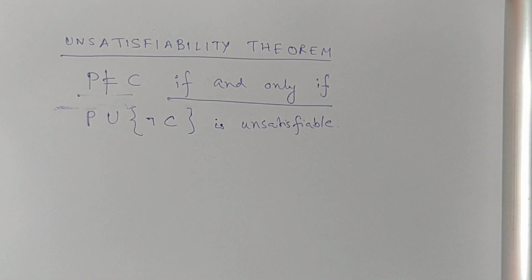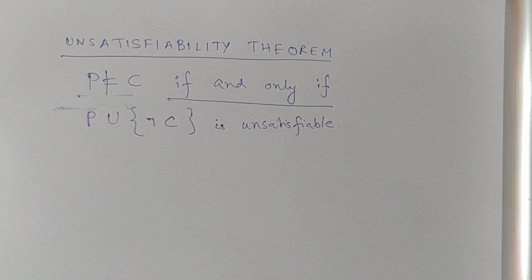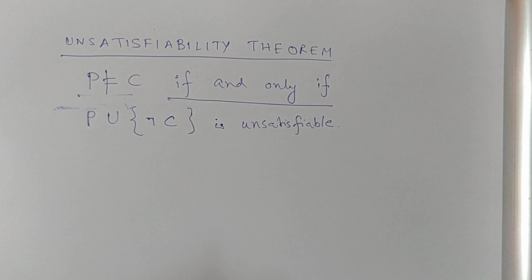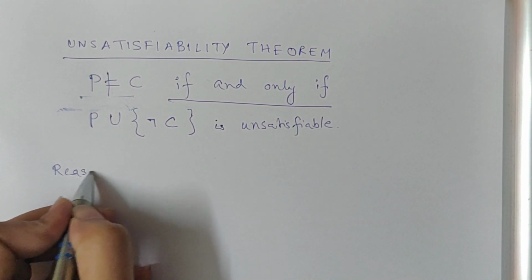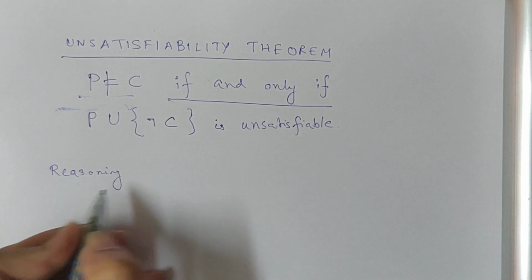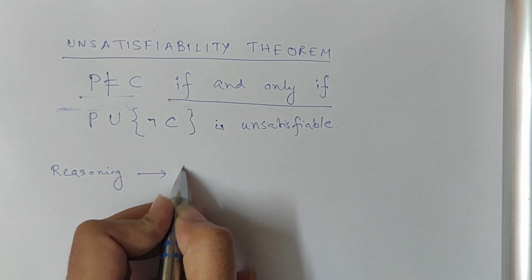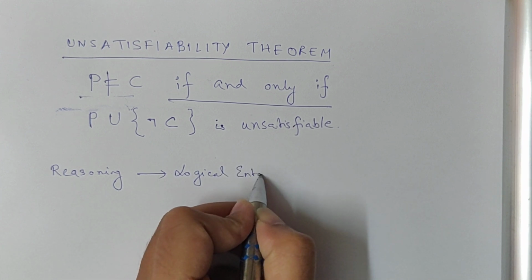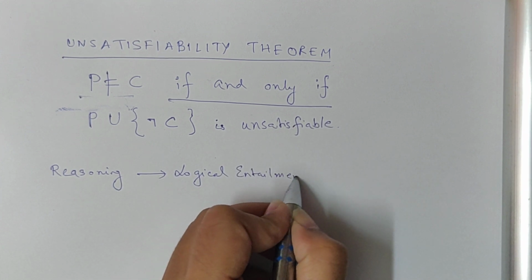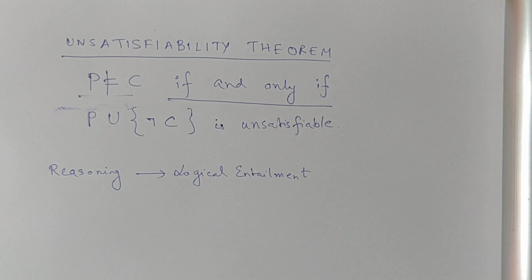But why is this unsatisfiability theorem important at all? Because understand the flow of study. We want to do reasoning. For reasoning, we have got this concept of logical entailment.